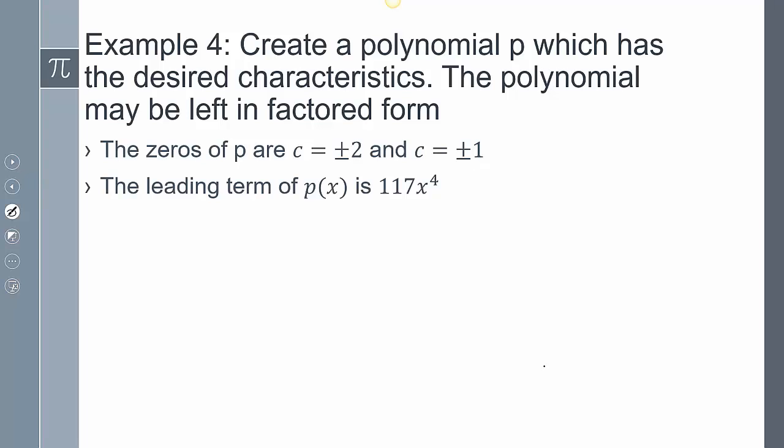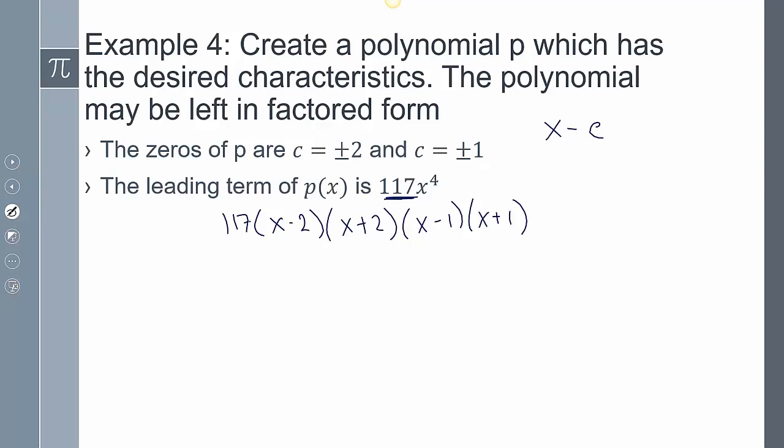Well, remember, if I know that is a zero, I can write it as x minus c, so x minus 2, x minus negative 2, x minus 1, and x minus negative 1. And then the leading coefficient here is 117, so I can write 117 out in front. And so that is an expressive way of creating the polynomial under those conditions.